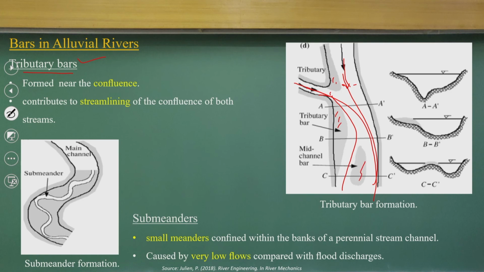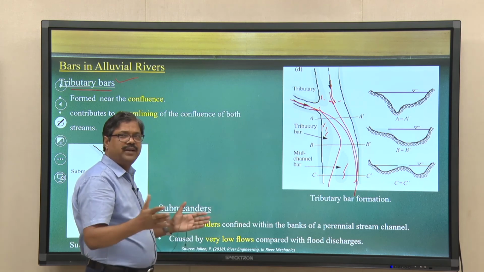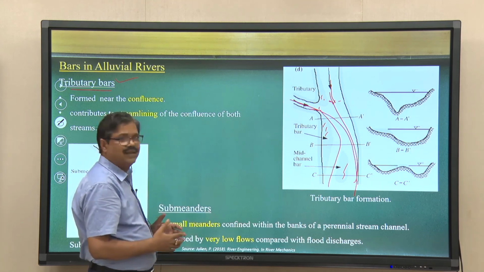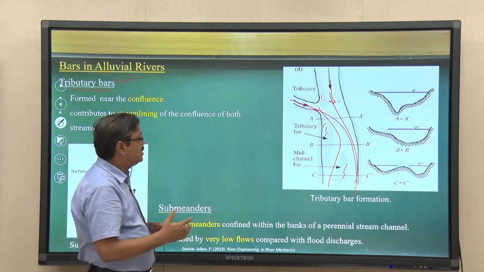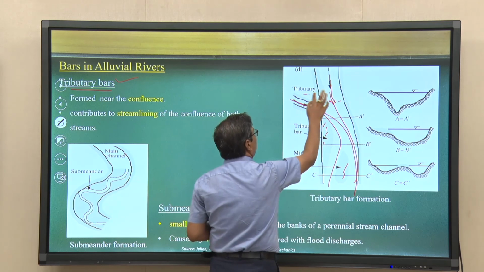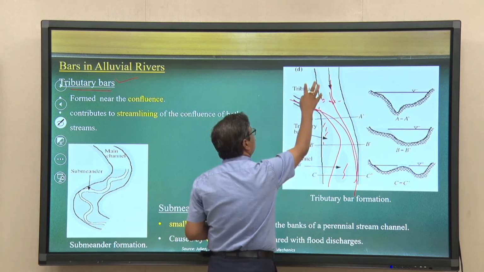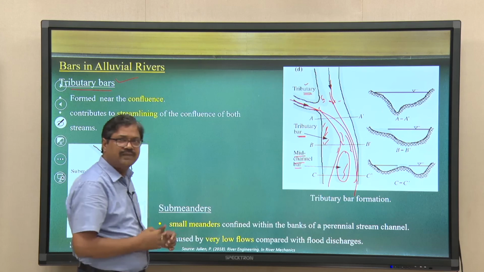Because of the joining of the two alluvial rivers, both are feeding sediments to this reach, and there is the thalweg line, the shifting of the channels, and because of that there will be erosion and deposition. There will be tributary mouth deposition, also the tributary ones will be there, and because of so much erosion and deposition it will also create a mid-channel bar. It will create the mid-channel bar.